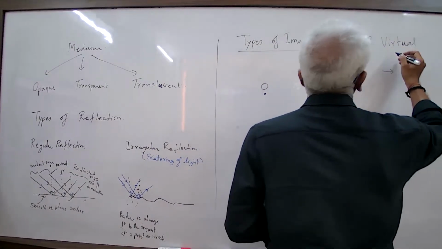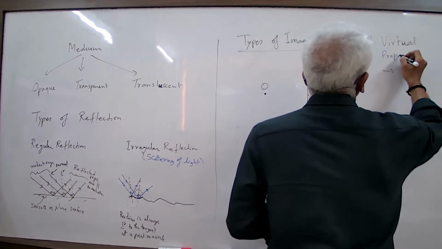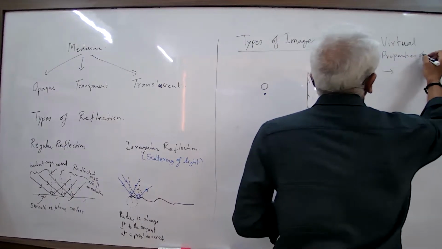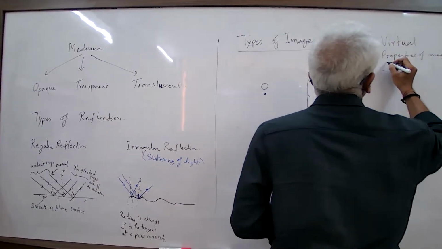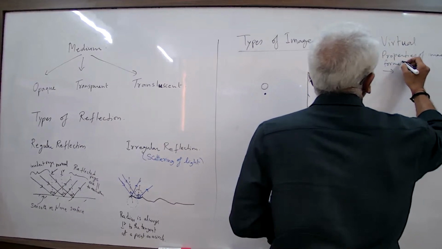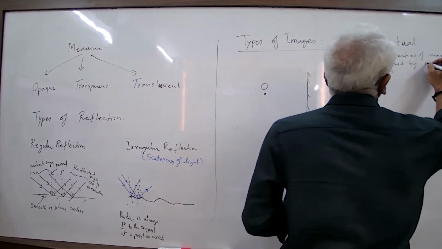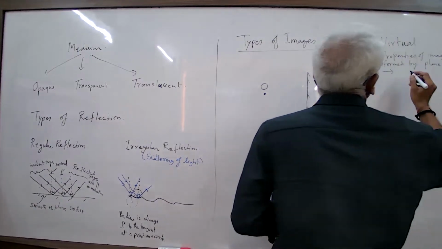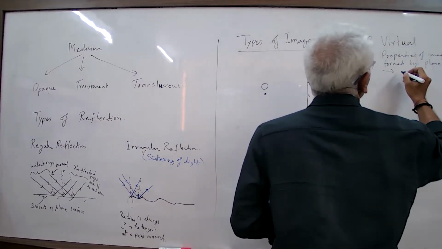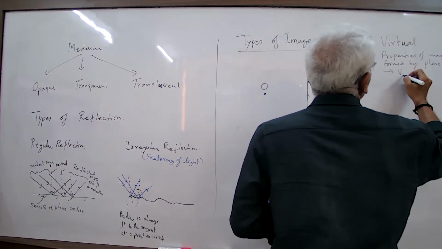So, properties of images formed by a plane mirror. First, the image is virtual.